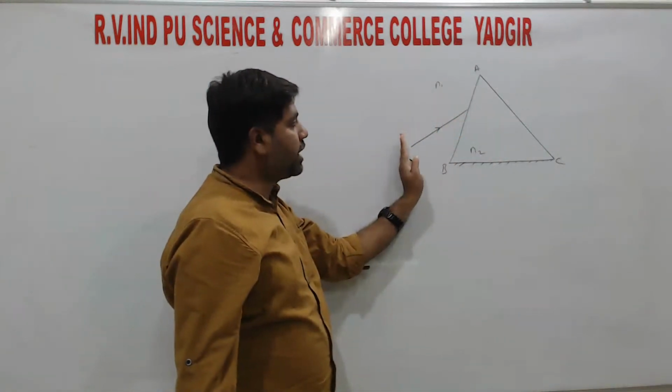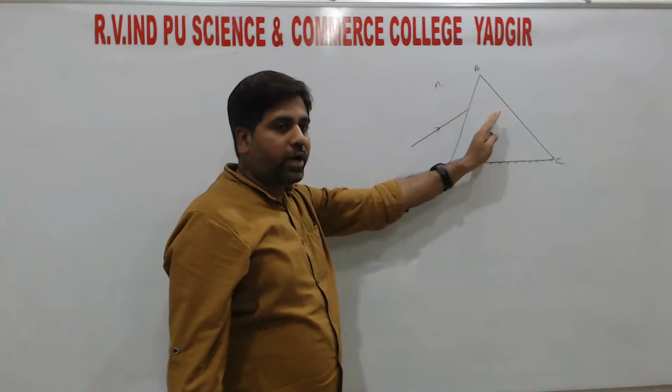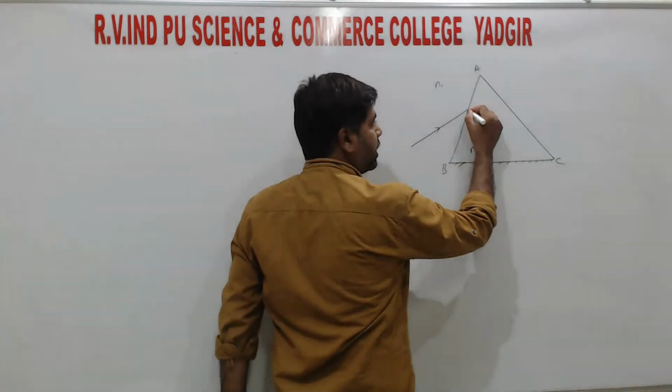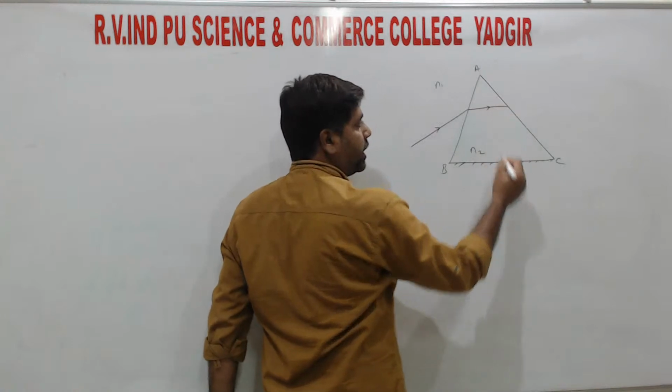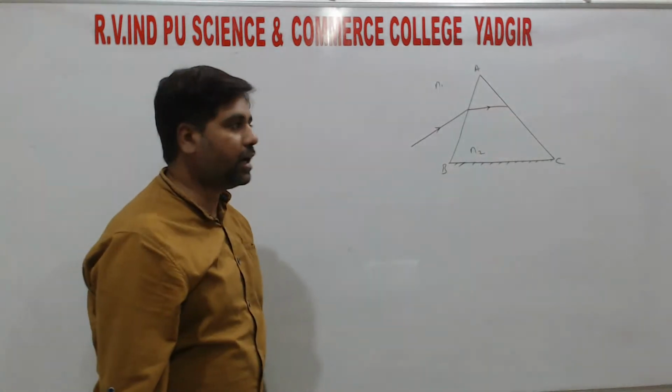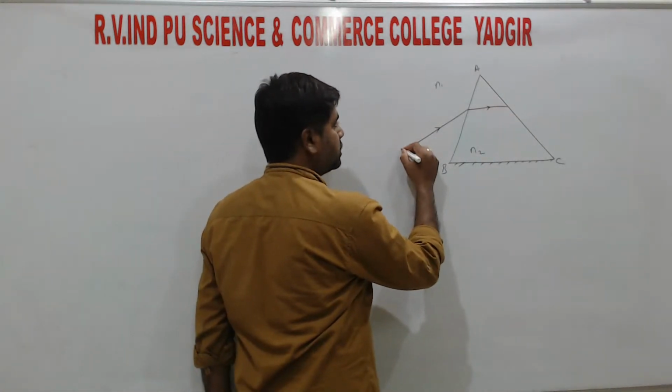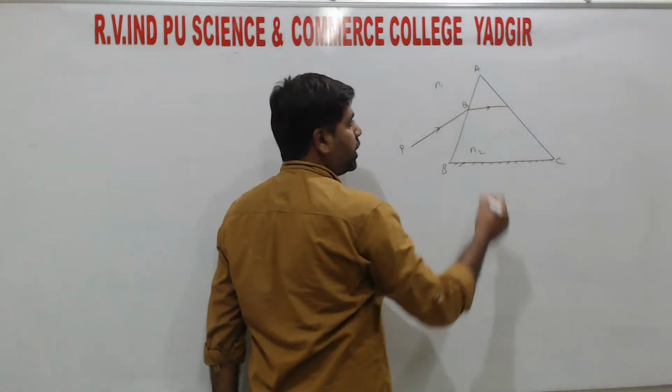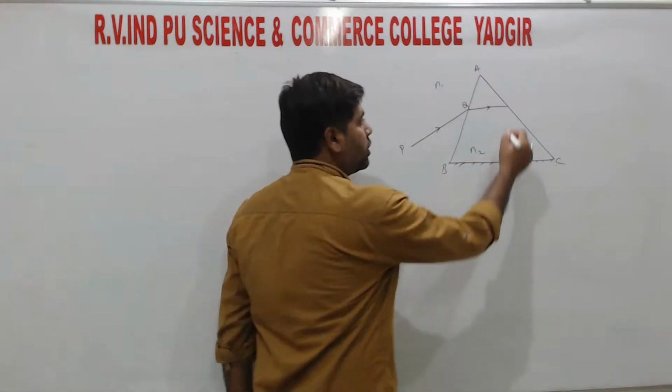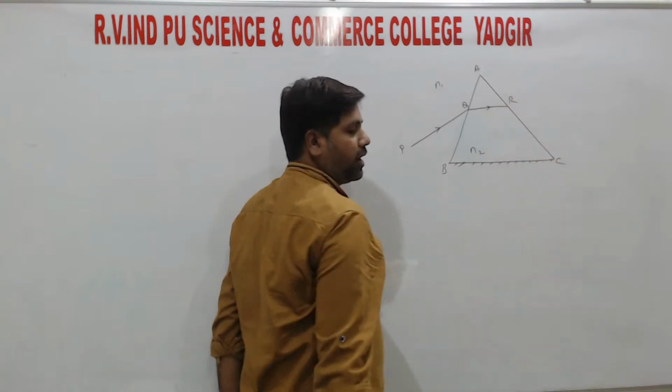So as the light ray travels from rarer to denser medium, after it gets refracted, the ray is bent. PQ is the incident ray and QR is the refracted ray, right?